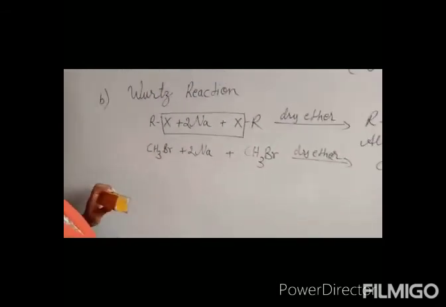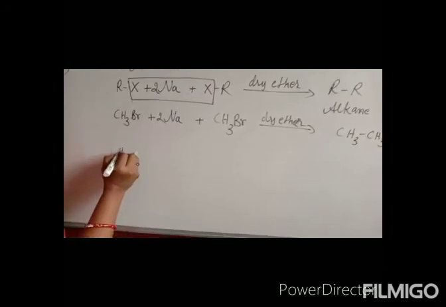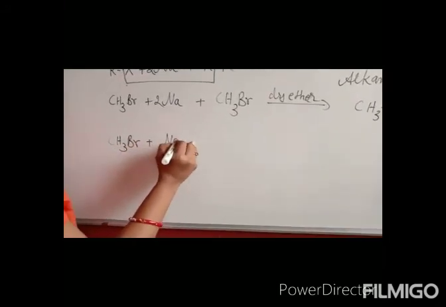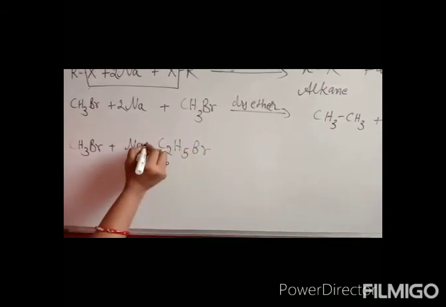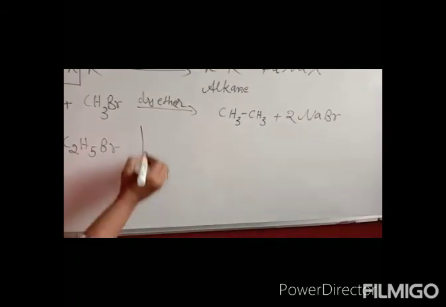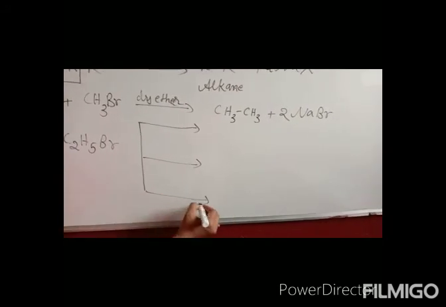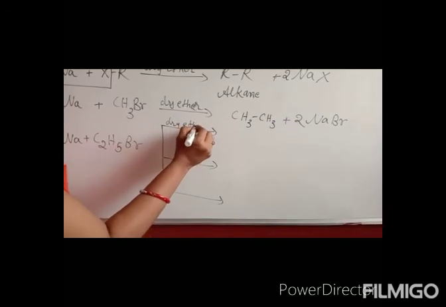What happens when we take mixed alkyl halides? Mixed alkyl halide group, one example with methyl bromide, second one with ethyl bromide. If I take this example, I get a number of different alkane products. The reaction will be done in the same way in the presence of dry ether.